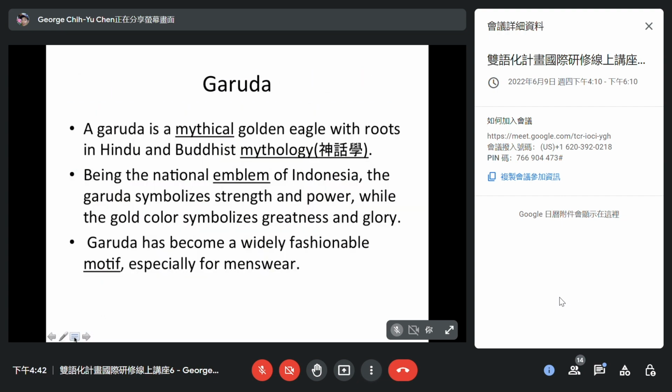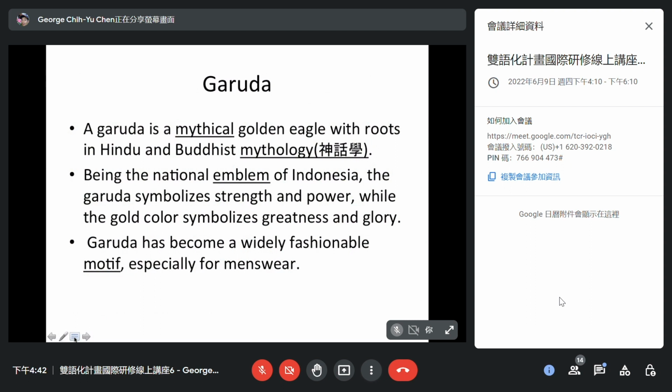Just like I said, Garuda is a mythical golden eagle with roots in Hindu and 佛教 the mythology 神话学, and being the national emblem means symbol. National symbol in Indonesia, this bird symbolizes strength, 力气 and power, while the gold color symbolizes greatness, 伟大和辉煌 and glory.